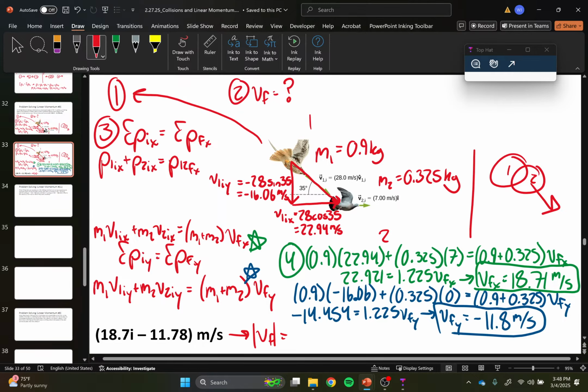Now that I have the x and y components, how do I get the magnitude? I'm going to give you the magnitude: it's going to be 22.11. And I'm also going to give you the angle of that, and that's going to be negative 32.24. And this is just good vector practice.